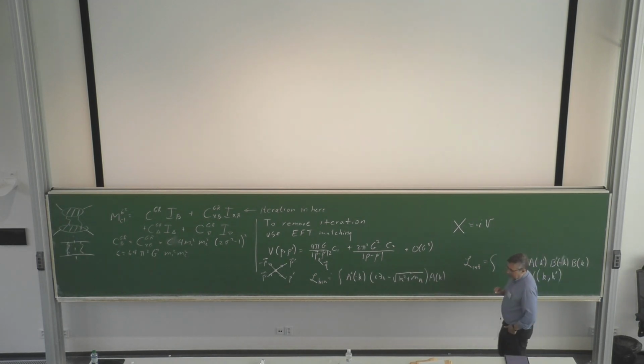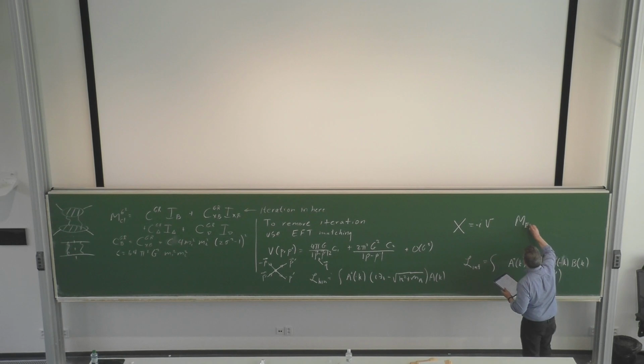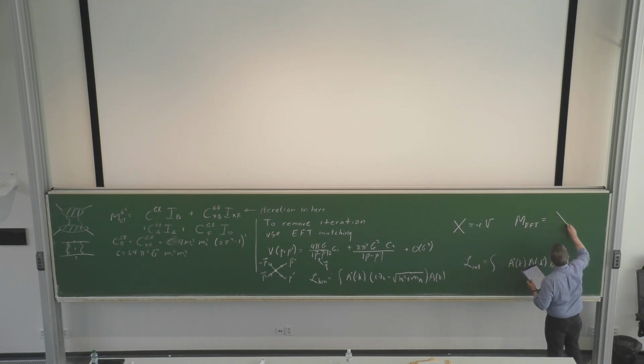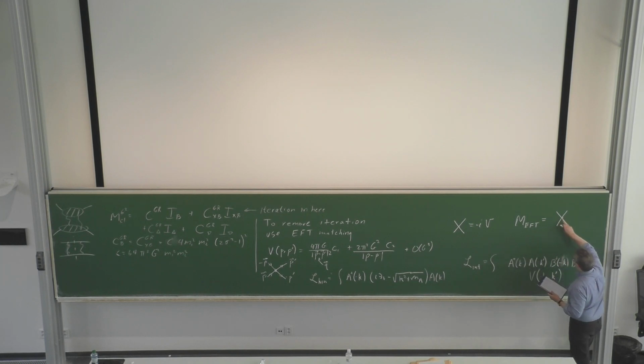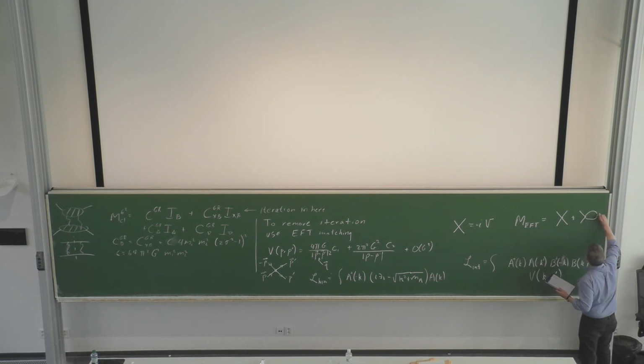Then I go ahead and start calculating in this theory. If I want the scattering amplitude in this EFT, I take the lowest order diagram, one potential, and then I calculate a loop like so, plus dot, dot, dot.